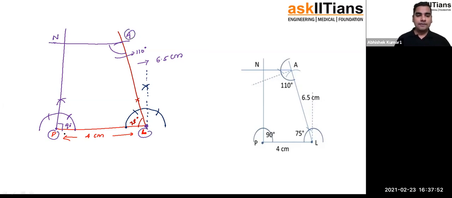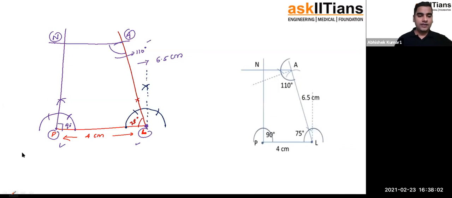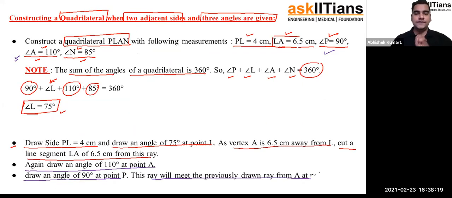Angle P is 90 degree, L is 75, A is 110, and what was the value of N? That is 85 degrees. So this angle will automatically be 85 degree if your construction is done properly. I hope this is very much clear to all of you. Please go through it once again and ask me if you have any query in it.